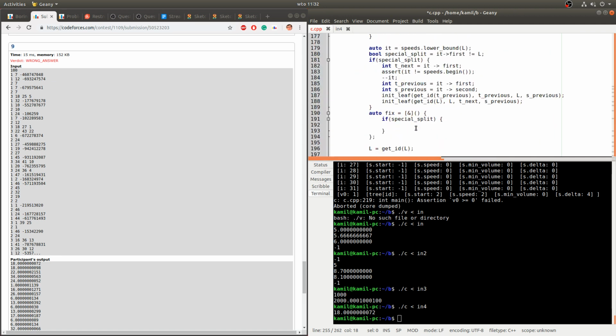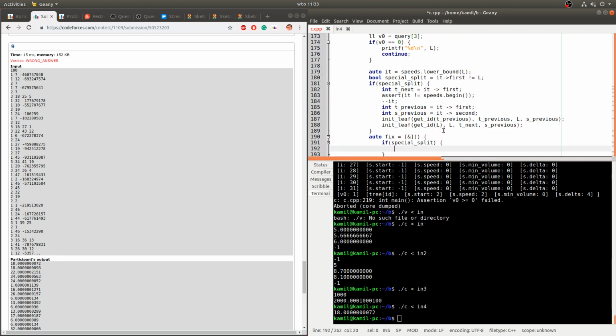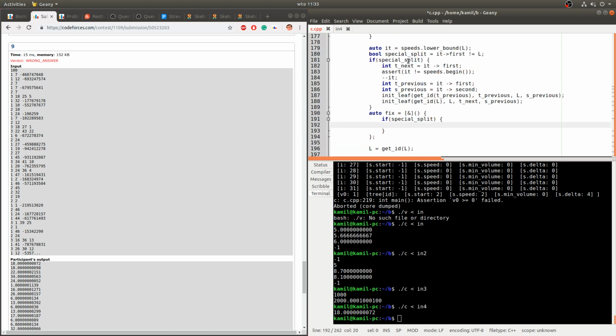Now how does fix look like? I need to remove that, so it is speeds find L. What now? L should be again query of 1 in case I change that.